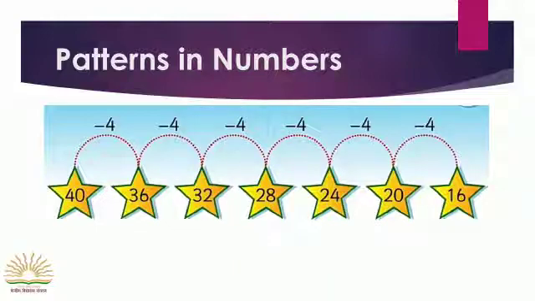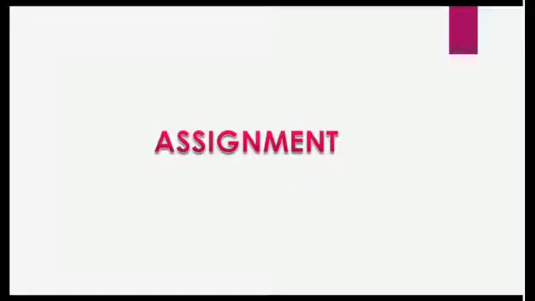In this way, we see that in each step, the numbers are reducing by 4. Hence, by using this number pattern, we can find the next 4 numbers. So, we get the 4 numbers as 28, 24, 20 and 16.